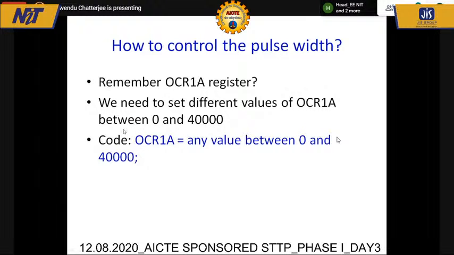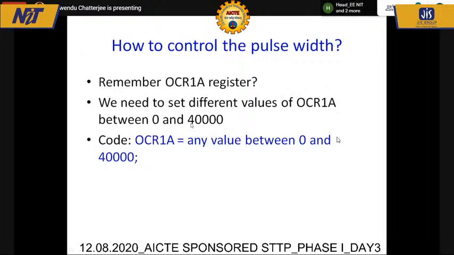So OCR1A, we can adjust between 0 to 40,000. If you give 0, the output will be totally low and no pulse will be given. If you give 40,000, it will be set high for the total time period.